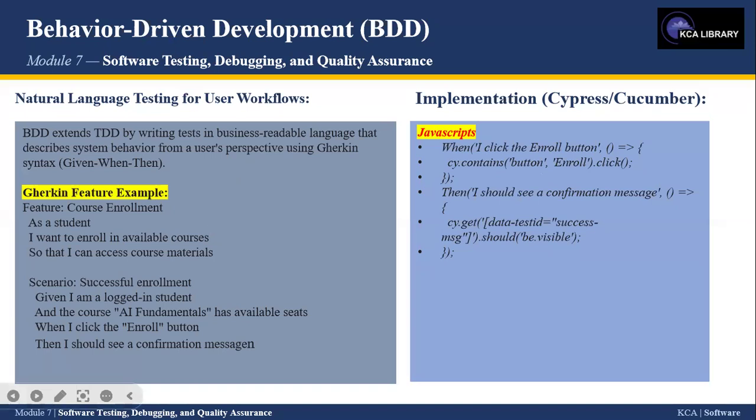The scenario here is successful enrollment. Given I am a logged-in student and the course has available seats, when I click the enroll button, then I should see a confirmation message. Implementation with Cypress or Cucumber. BDD bridges business requirements and technical validation.